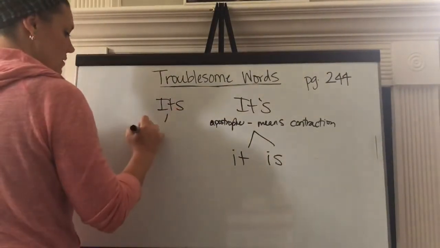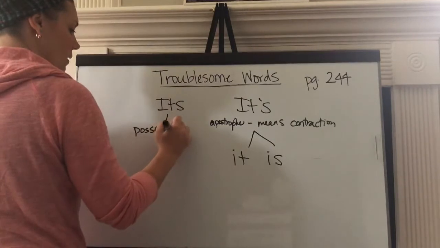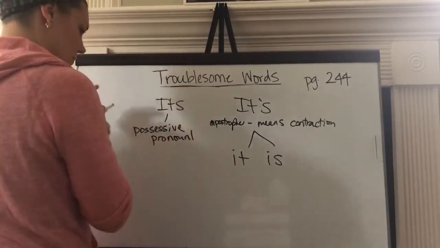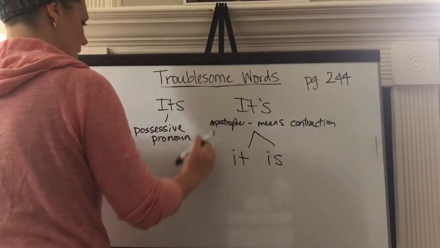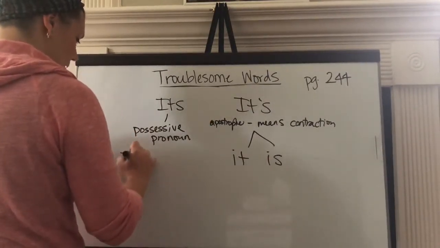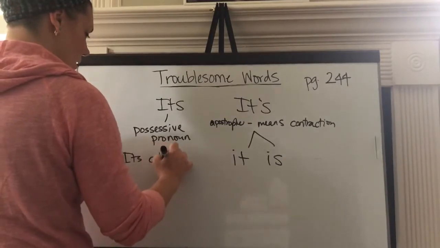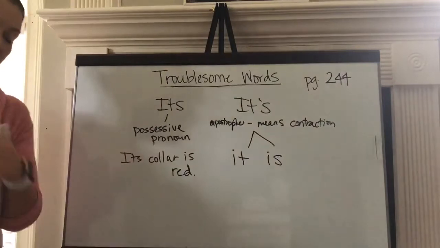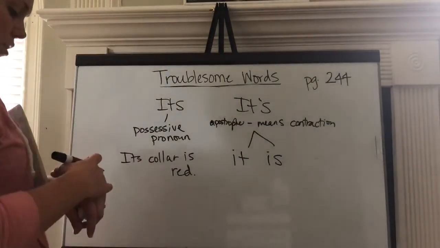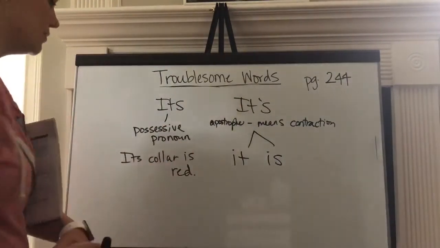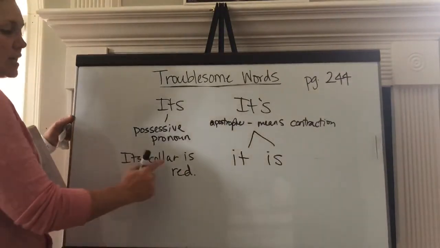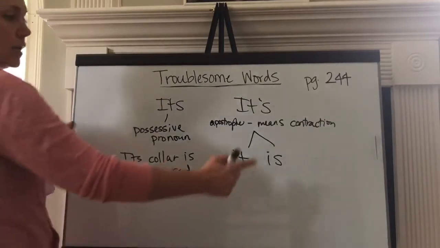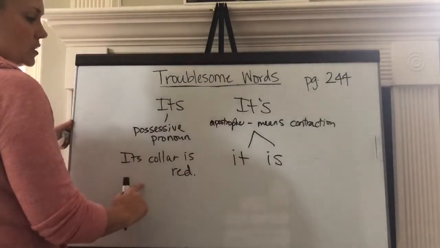This is the possessive pronoun, meaning, its collar is red. Okay? Whatever that dog or cat or whatever is wearing that collar, it is owning its collar. It's a possessive pronoun. Its collar. Okay? Contraction "it is," possessive pronoun.